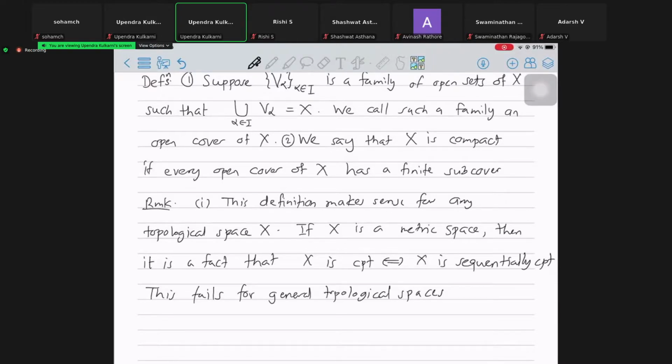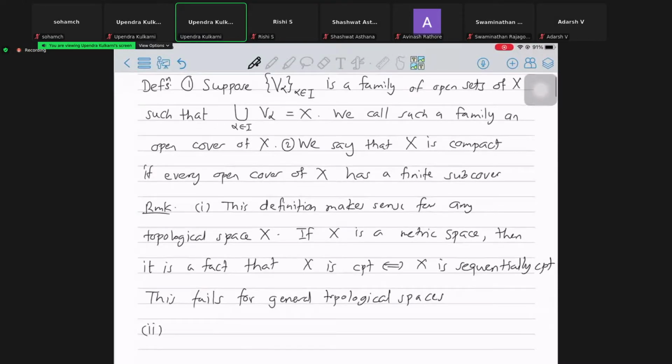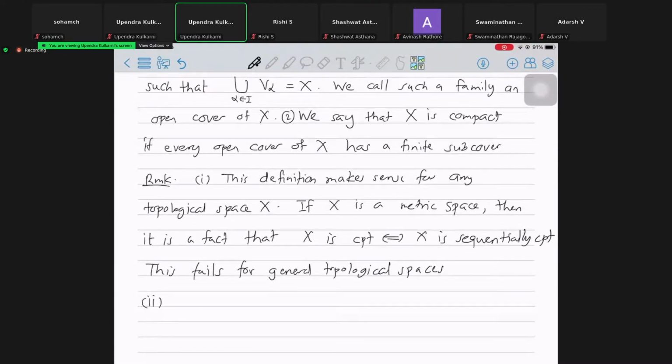The second remark is much more important for us at the moment, which is that let's see what it means for a subset of this metric space X to be compact. Now, you can say, well, no definition is really required because I already have the definition of compactness for any metric space, and a subset of a metric space is a metric space. But let's see what it means for, so reformulation.